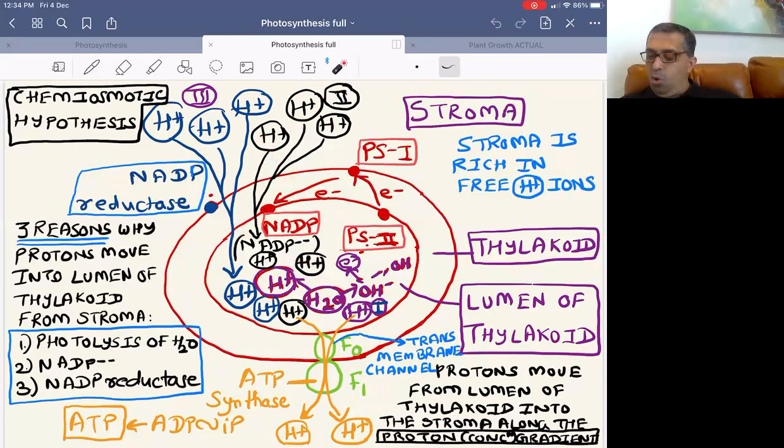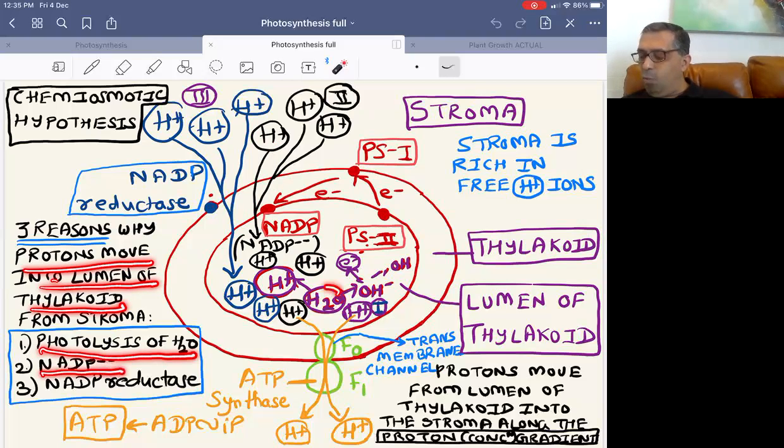So protons have moved into the lumen of the thylakoid now by 2 reasons. First reason we remember was photolysis of water, and second reason is NADP minus minus.